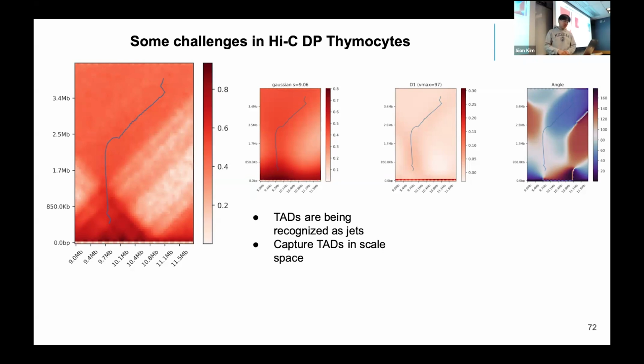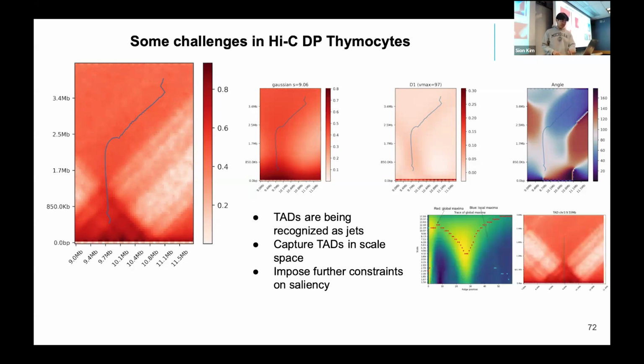So the idea is to capture these TADs in scale space and then impose further constraints on the saliency. This is currently in progress, but what we plan to do is, we have the positions, we have the gamma, and along that position I can compute the scale. It begins quite large, and as we go up, we go through the TAD crossing point, which is kind of like a bottleneck.